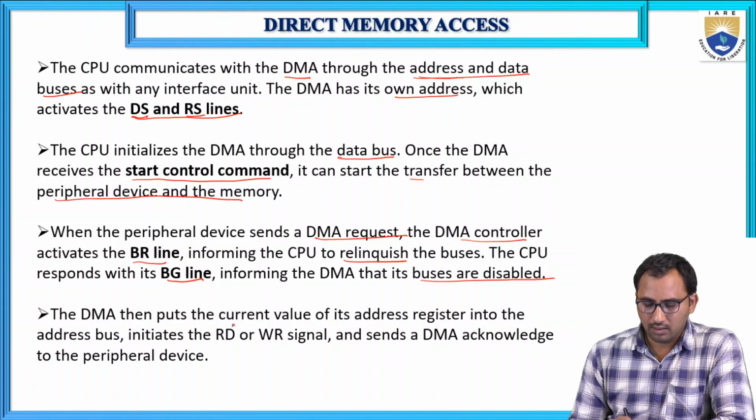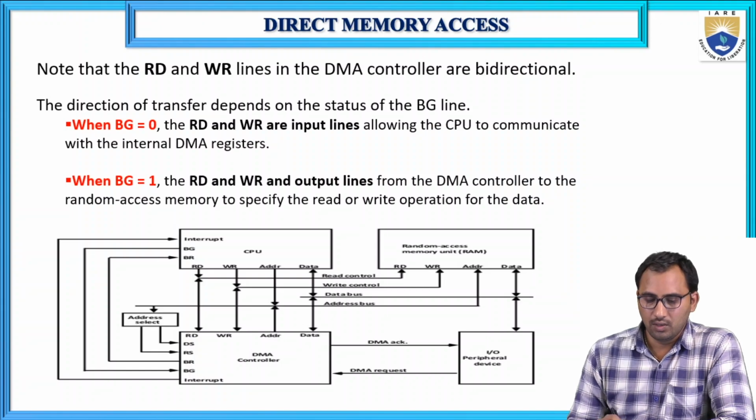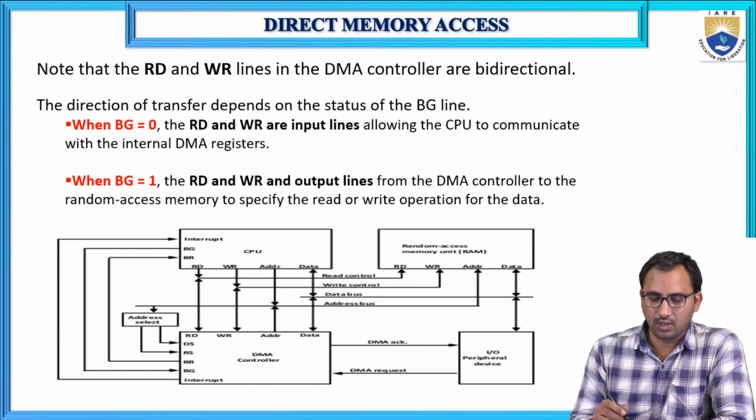The DMA then puts the current value of the address register into the address bus, initiates the read or write signal, and sends DMA acknowledgement to the peripheral device. So already we have seen how the data can be transferred.